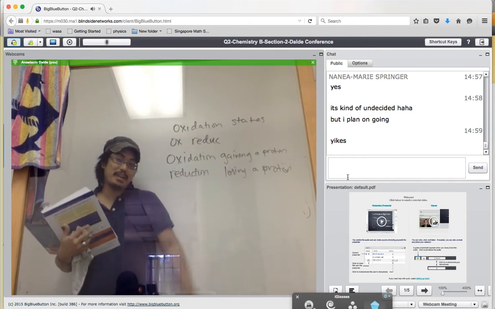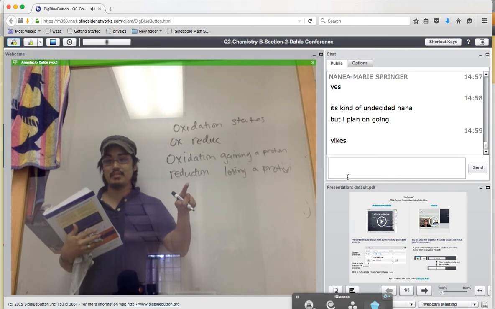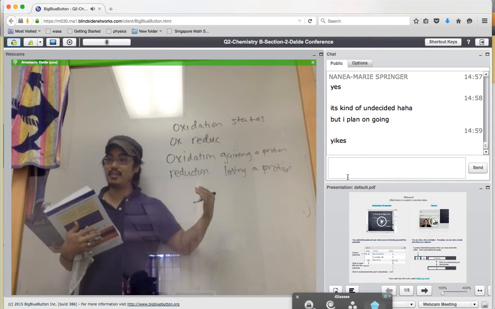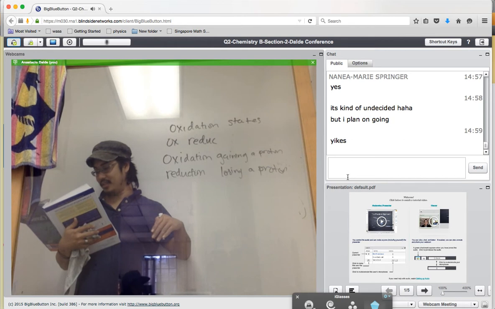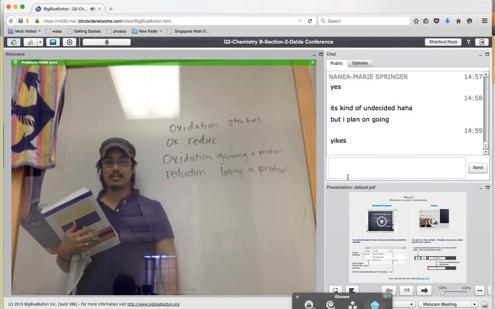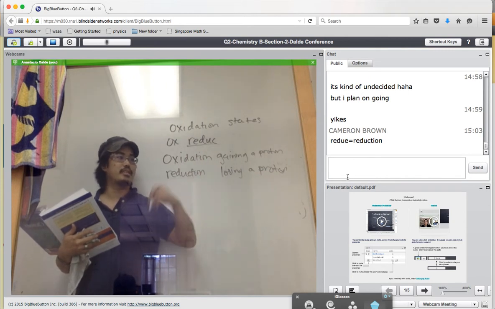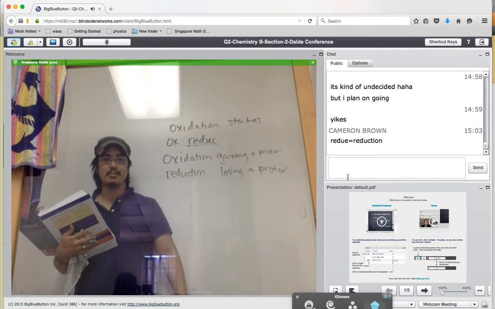I think one way of remembering it is the word reduction means you've gone down in a quantity, right? Mm-hmm. So you have a certain quantity of electrons, and you went down in your quantity of electrons. Hence, you lost the protons. Reduc is short for reduction. Yeah.